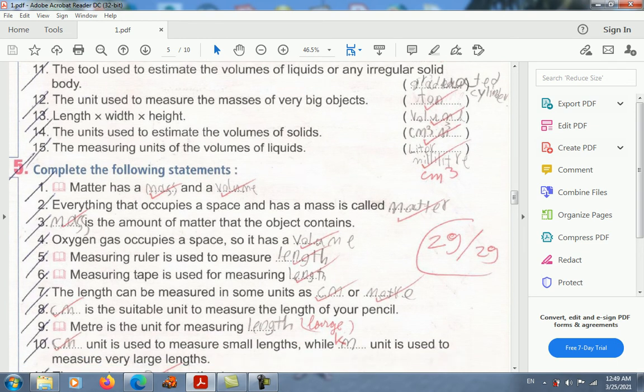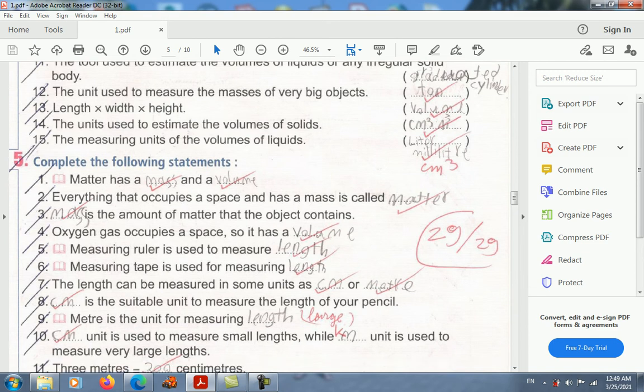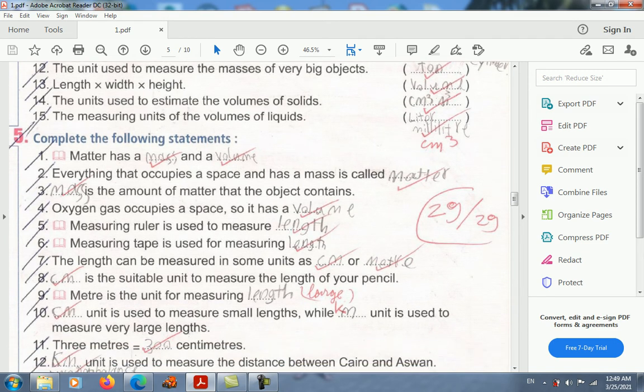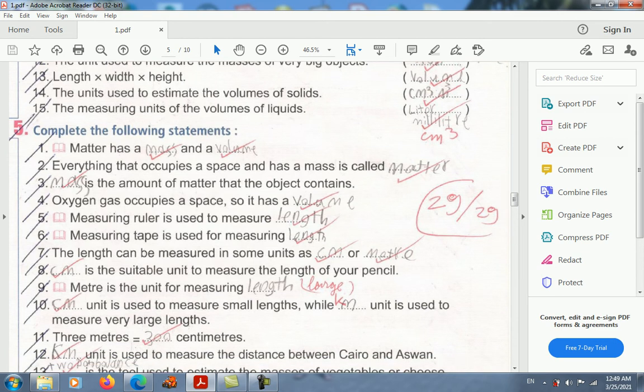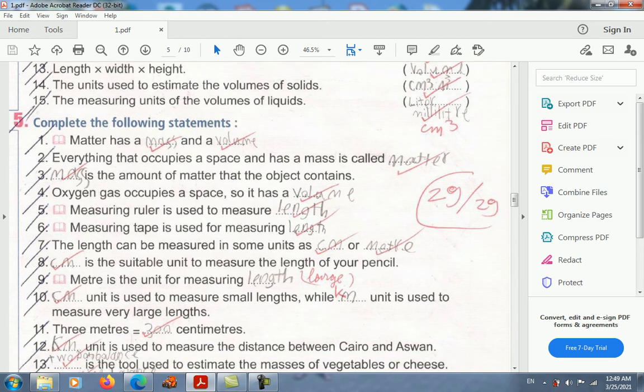11. The tool used to estimate the volumes of liquids or any irregular solid body. Graduated cylinder. 12. The unit used to measure the masses of very big objects. Ton. 13. Length multiply width multiply height.